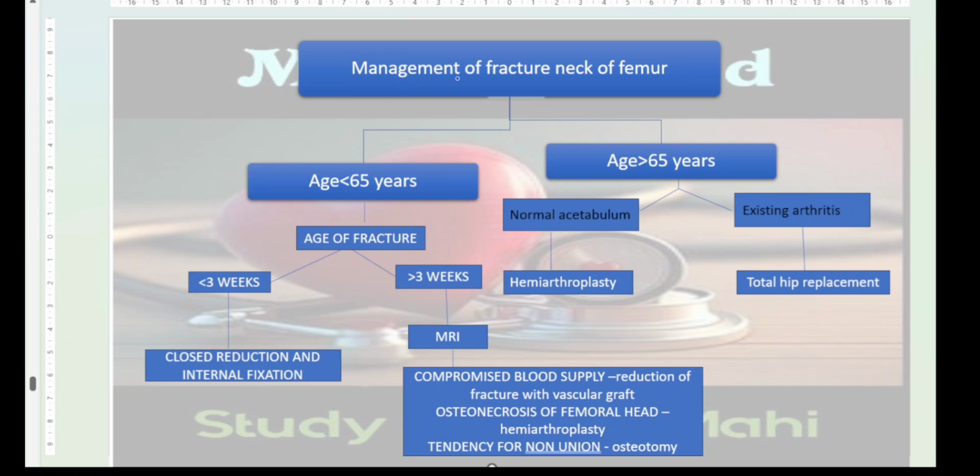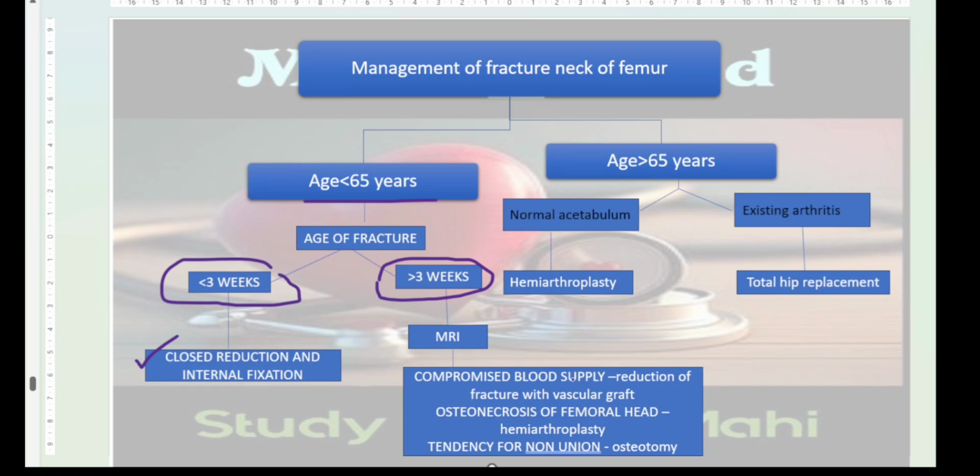So, if a question asks for fracture neck of femur management, we have to first see the age of the patient. If the age is less than 65 years, then we have to see the age of fracture. If the patient has come to you within 3 weeks, means less than 3 weeks age of fracture, then we will do closed reduction and internal fixation. And if the age of fracture is more than 3 weeks, then we have to do the MRI to identify the type of injury.